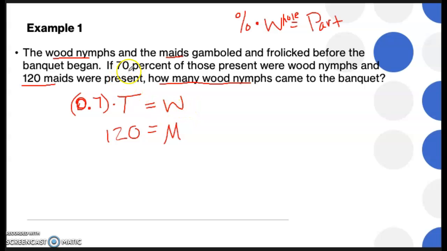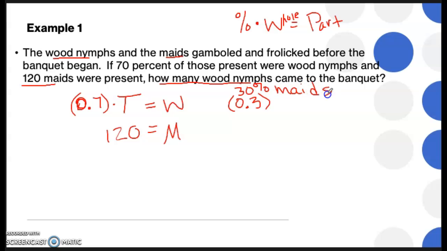And I wonder if 70% of everyone were wood nymphs, what percent are the maids? Well, if 70% are wood nymphs, then 30% would be maids.